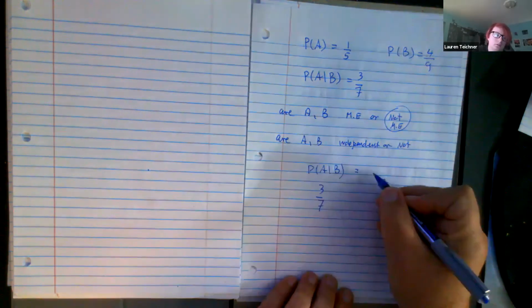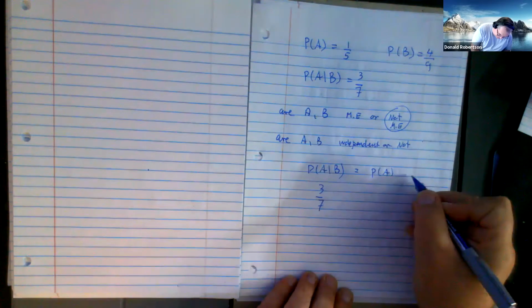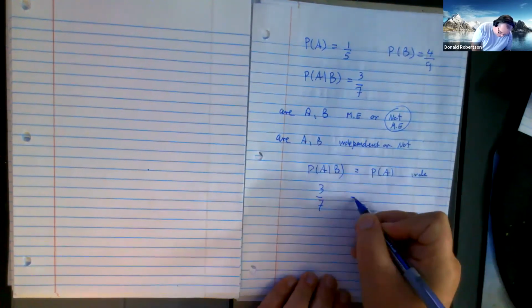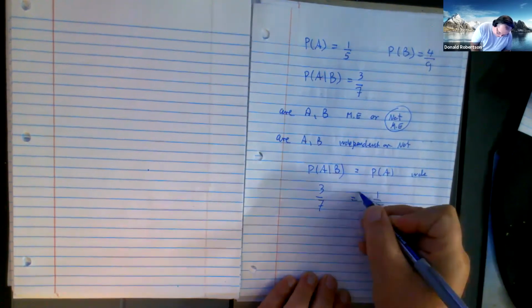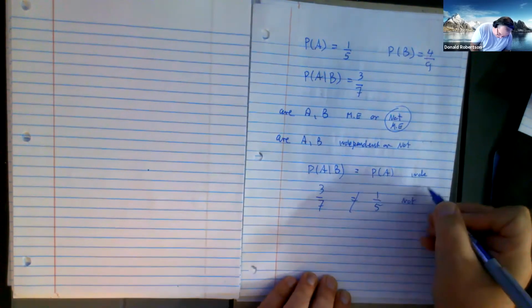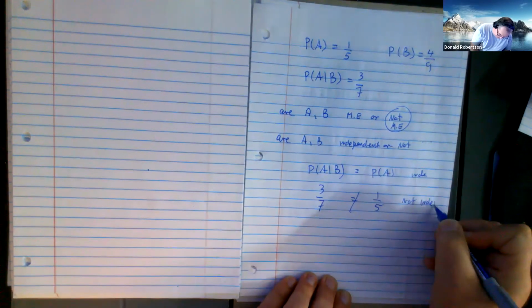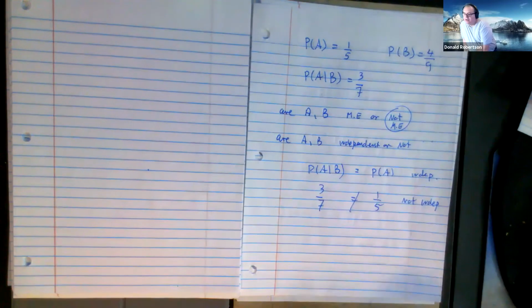And shouldn't they equal that if they're independent? So they're not independent. See, that little test is quite useful when you don't know a lot about the story, but you do know about the probabilities.